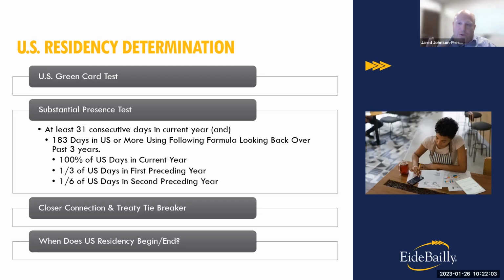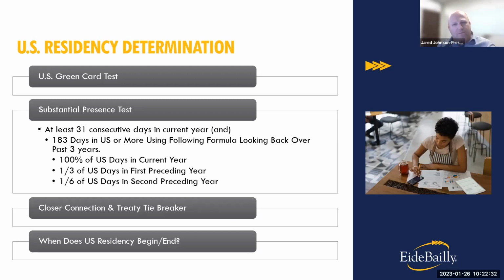The good thing about the US and UK is we have a treaty. So let's say that you're in the US more than 183 days in 2022, but you still feel like your social, economic, and personal ties are closer connected to the UK than the US. You can still claim non-residency in the US by using the treaty tiebreaker clause of the US-UK tax treaty.